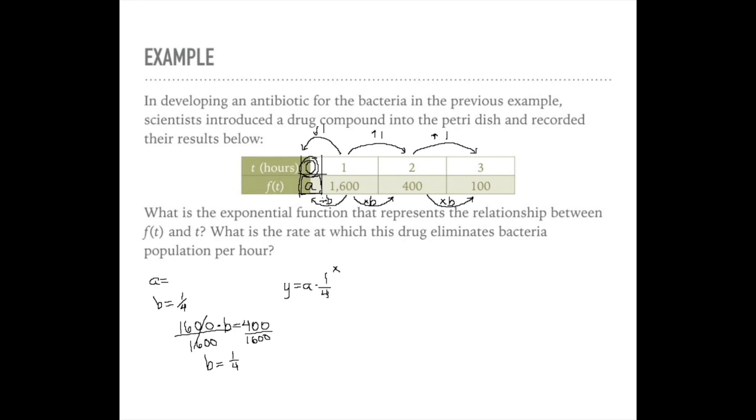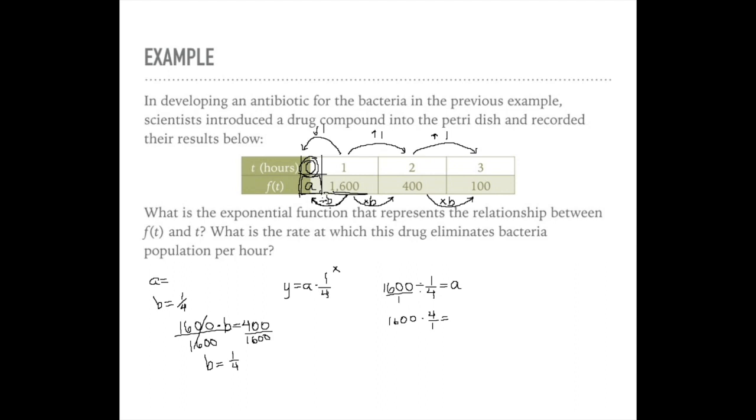So 1600 divided by 1/4 equals a. And that's what we said here: 1600 divided by b, which is 1/4, equals a. So if that's the case, keep it, change, flip it means we are going to do 1600 times 4 over 1 in order to divide by a fraction.